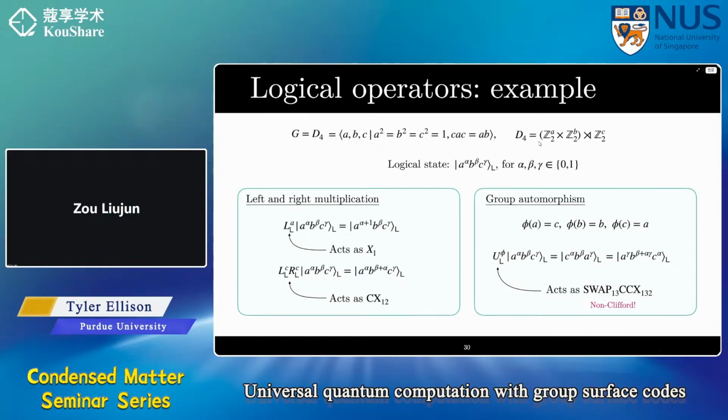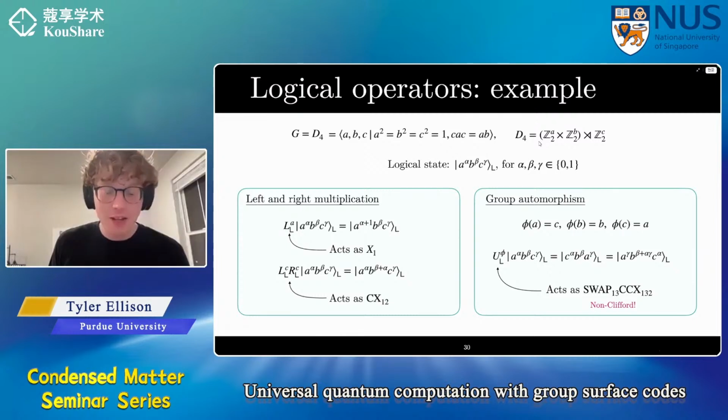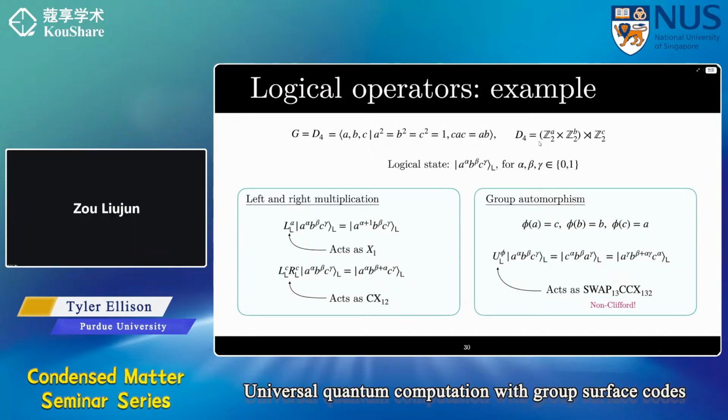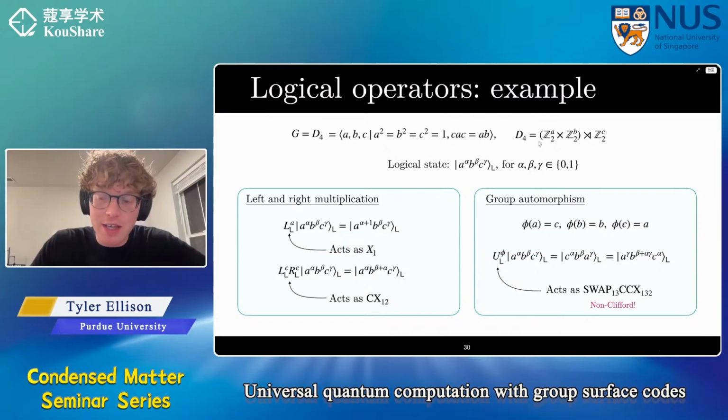So this maps to A to the alpha, B to the beta plus alpha, C to the gamma. That means that this acts as a CX1,2.